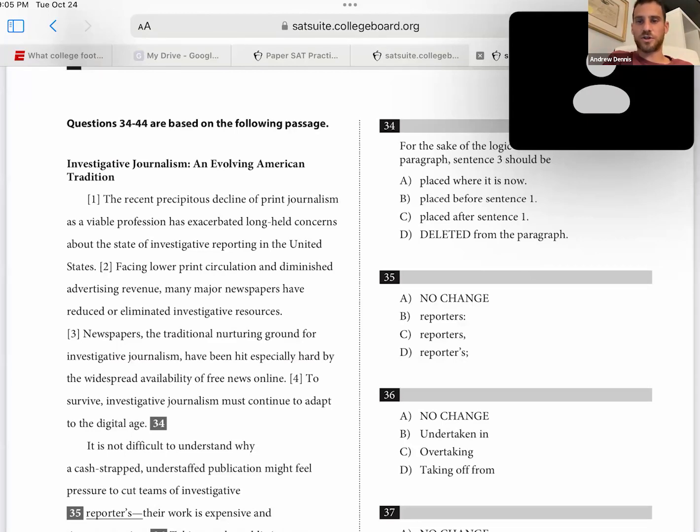Newspapers, the traditional nurturing ground for investigative journalism, have been hit especially hard by the widespread availability of free news online. To survive, investigative journalism must continue to adapt to the digital age. It is not difficult to understand why a cash-strapped, understaffed publication might feel pressure to cut teams of investigative reporters.